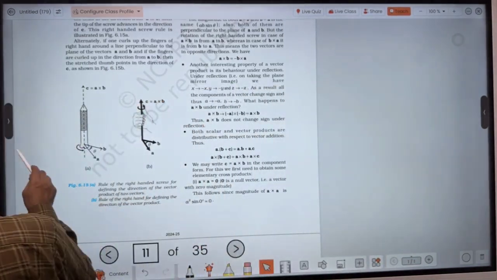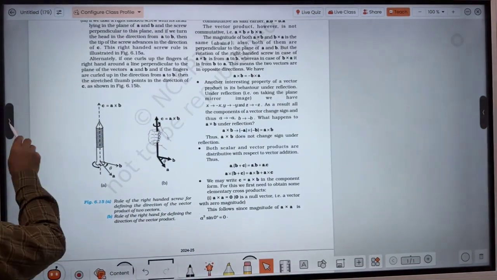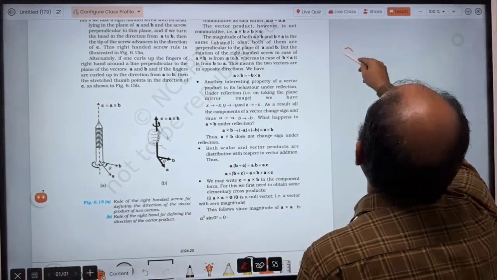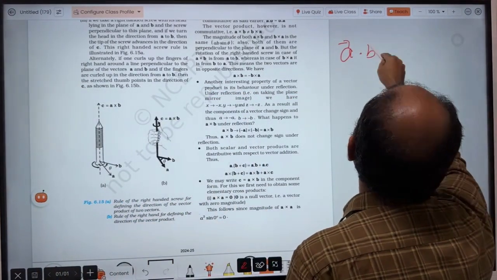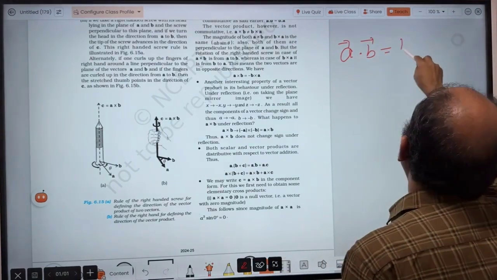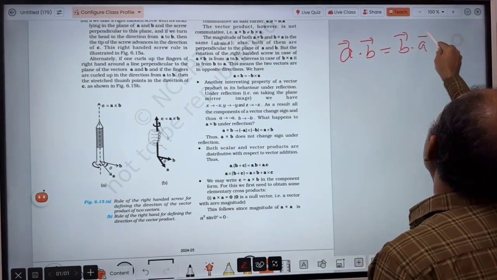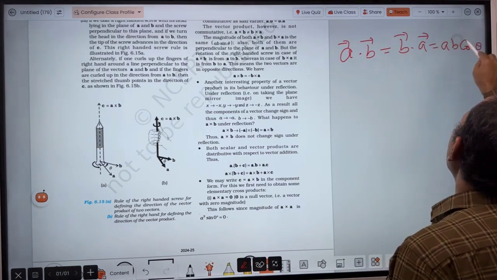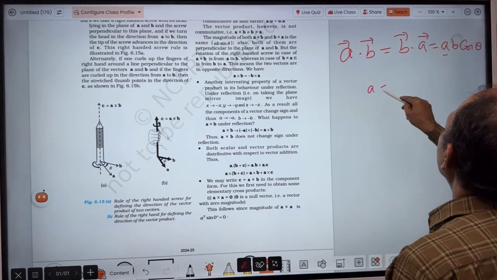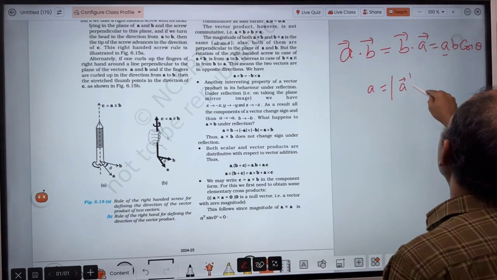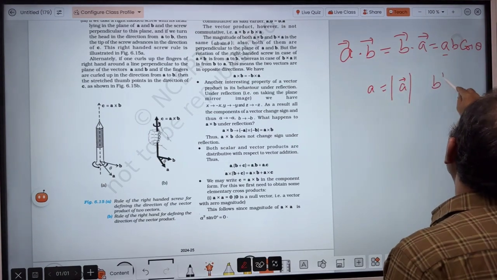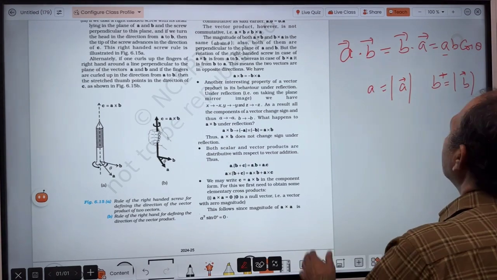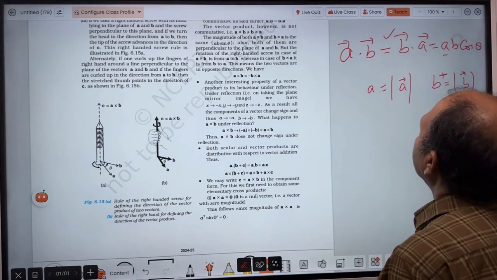We have already studied some basic concepts like the dot product: vector A dot vector B, or vector B dot vector A, gives AB cos theta, where A is the modulus of vector A and B is the modulus of vector B. This is called the dot product.